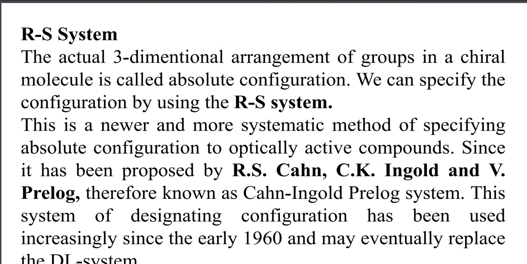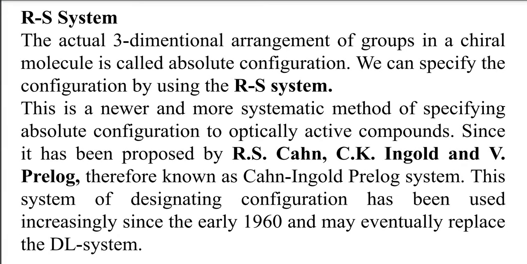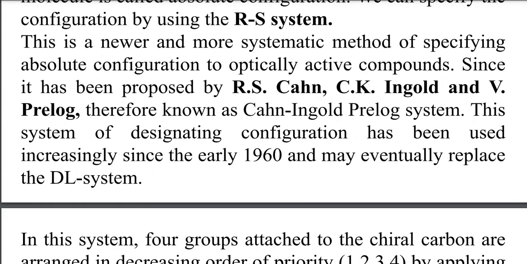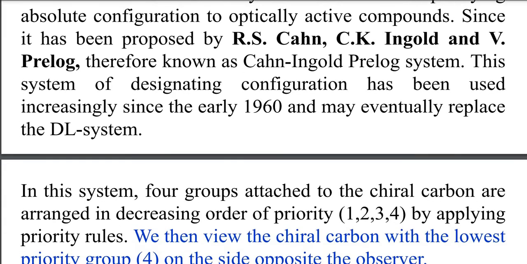We now specify the configuration by using the RS system, a newer and more systematic method of specifying absolute configuration of optically active compounds. It was proposed by R.S. Cahn, C.K. Ingold and V. Prelog. These are three scientists, therefore known as the Cahn-Ingold-Prelog system. In simple words, we say CIP rules. This system of designating configuration has been used increasingly since the early 1960s and may eventually replace the DL system.